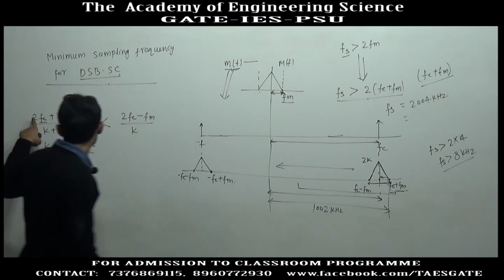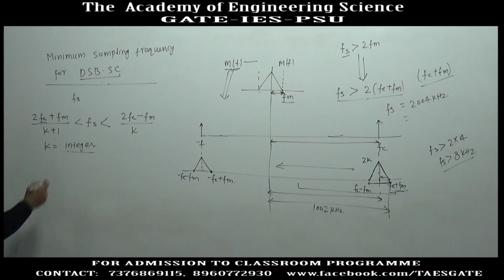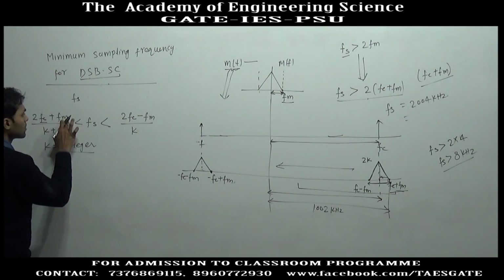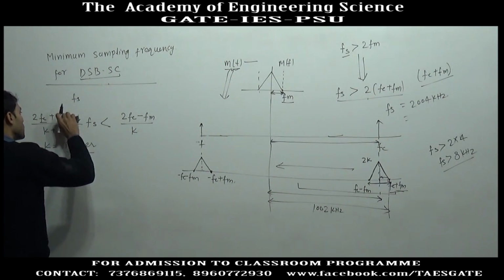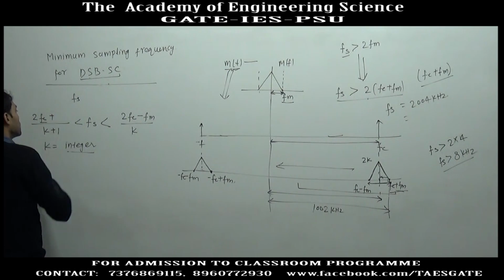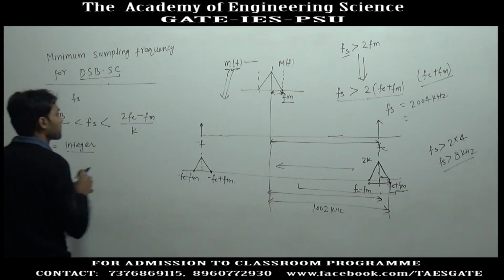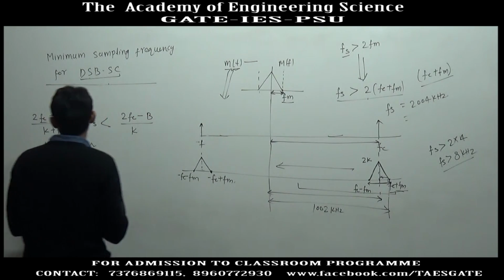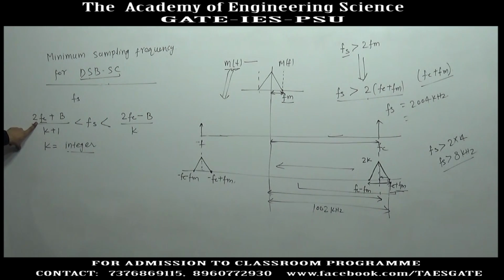So, this can also be named the carrier frequency, and this is not Fm, this is B. So, Fc is the center frequency or carrier frequency, and B is the bandwidth of the signal.